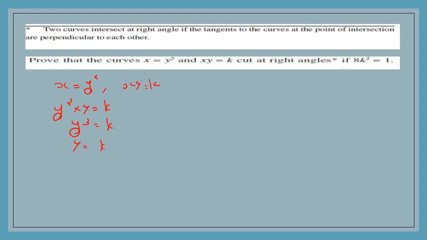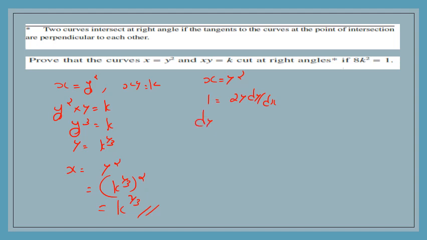So y is equal to what? k raised to 1 by 3. If y is equal to k raised to 1 by 3, what is x? x is y squared. So k raised to 1 by 3 the whole square. What is it? k raised to 2 by 3. Now, for x is equal to y squared, differentiating, 1 is equal to 2y into dy by dx.